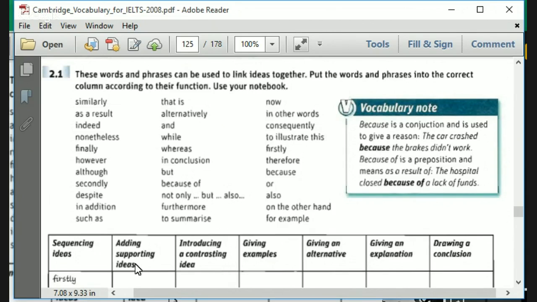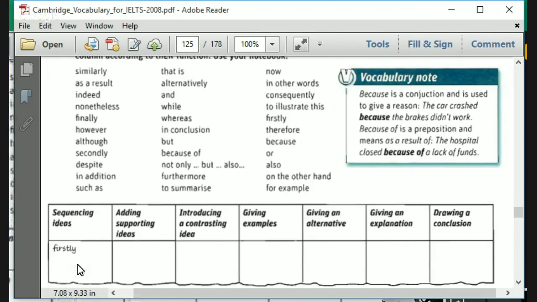Which category would it belong in? What is this signal word or signal phrase trying to signal about what's coming next? So you see already, firstly here, sequencing ideas. Firstly, secondly, thirdly, that's kind of obvious.